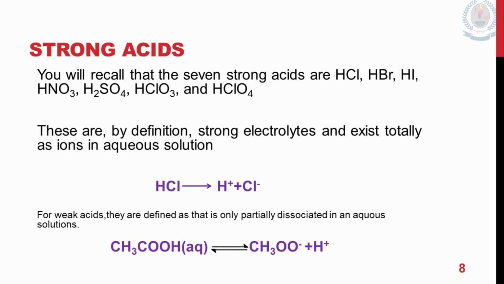A strong acid is defined as one that is almost completely dissociated in aqueous solution. Here I mentioned some strong acids: HCl, HBr, HI, HNO3, H2SO4, that means sulfuric, HClO3 and HClO4. They are the 7 strong acids.